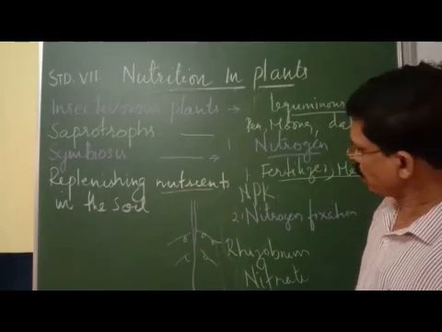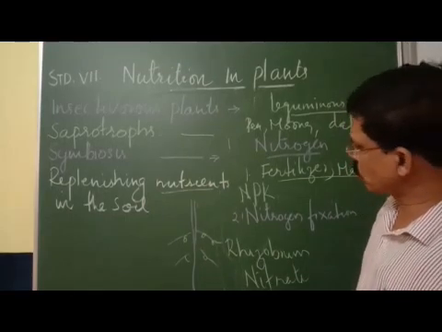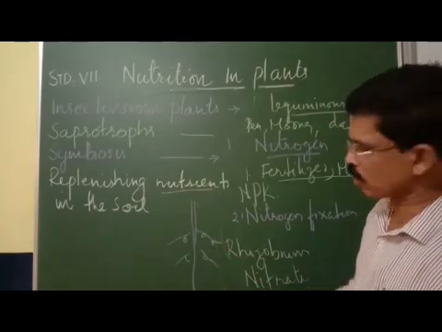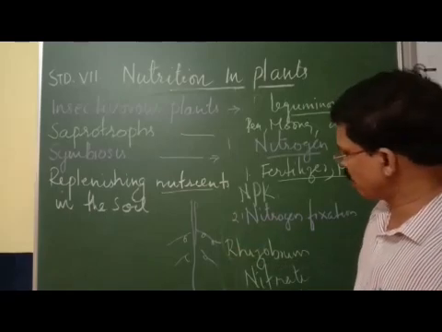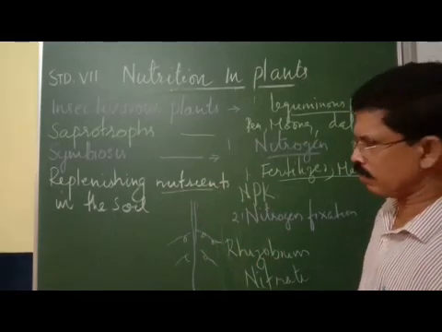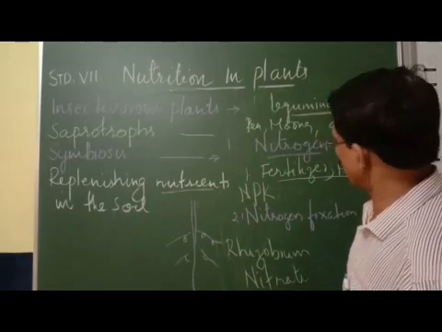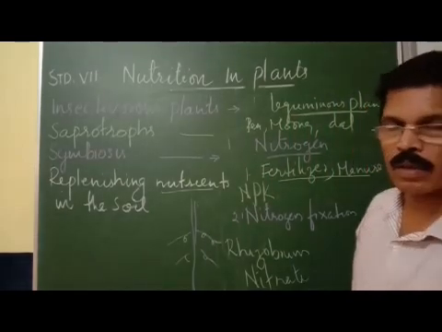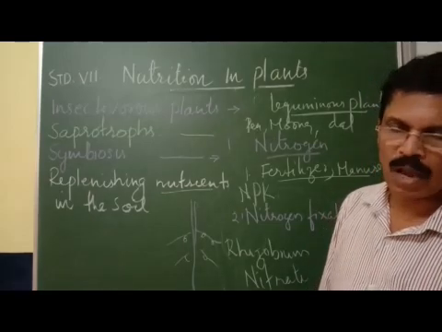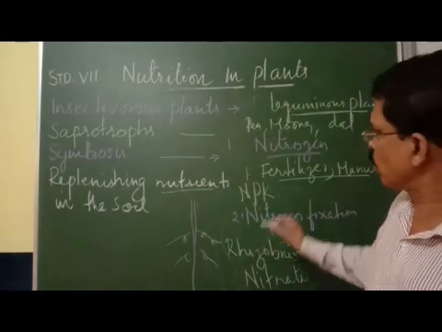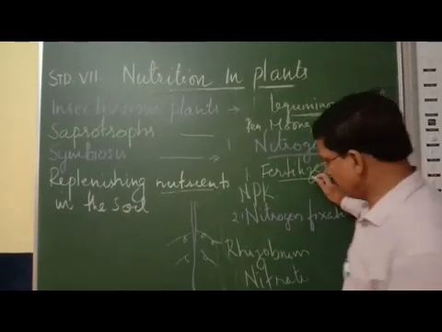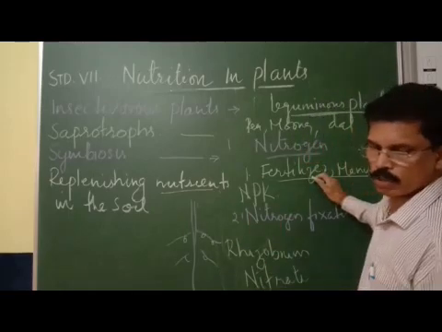So the soil which grows leguminous plants, the nitrogen will be automatically replenished. So, in such a soil where leguminous plants grow, there is no need of adding fertilizers and manures, or nitrogen, because the nitrogen will be automatically brought to the soil.